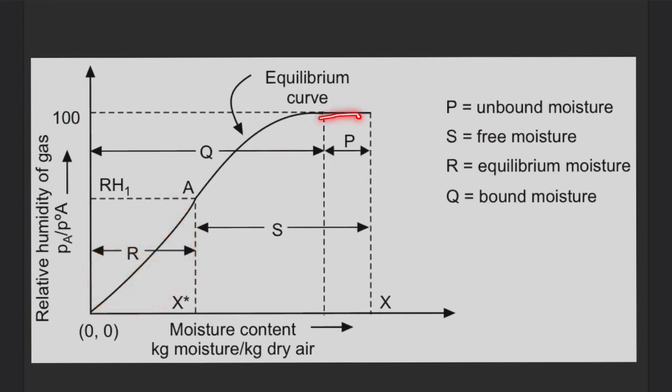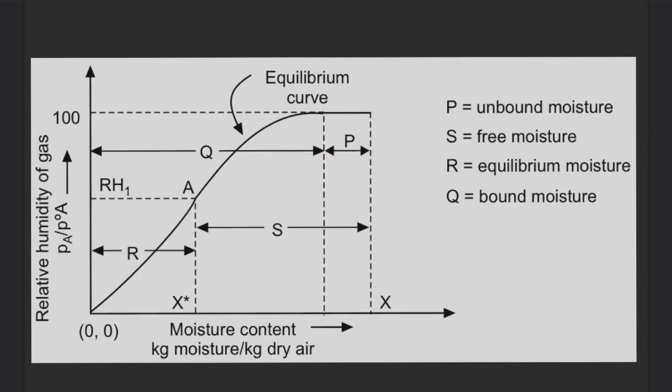We can only remove up to this point, because at this point we will have equilibrium moisture content, which is X star. Beyond this, if we want to remove moisture, we may have to change the air medium, and of course we cannot take it to zero, as the air will have at least some amount of moisture content.